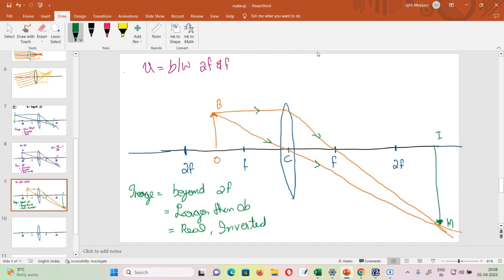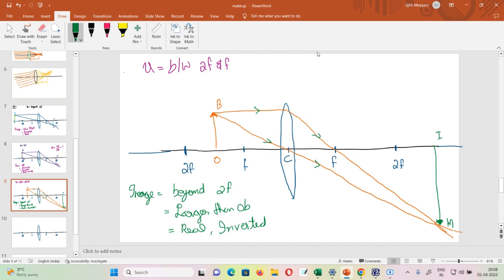From the two examples here, when we put our object beyond 2f, the image is formed in between f and 2f. When our object is placed between f and 2f, the image is formed beyond 2f. So these give the idea of conjugate points.